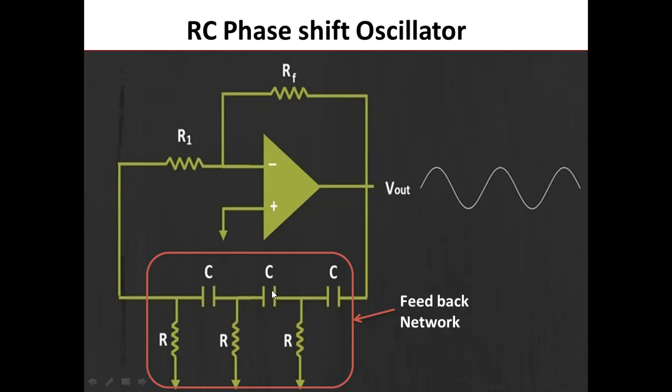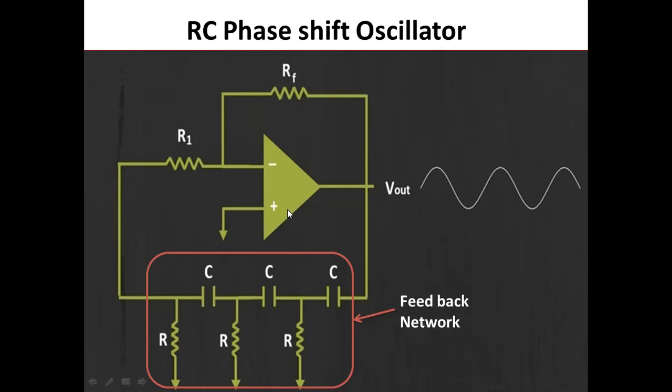That means an amplifier using op-amp, and the RC phase shift network as a feedback network. Here the op-amp is used in the inverting amplifier configuration. Therefore, the phase shift introduced by the op-amp as an amplifier is equal to 180 degrees.